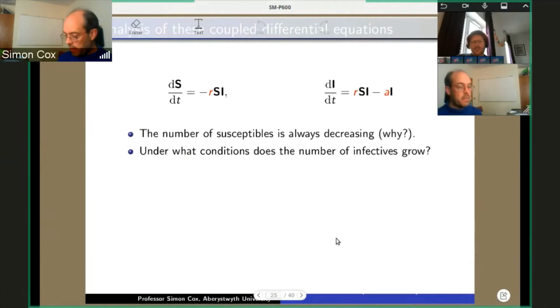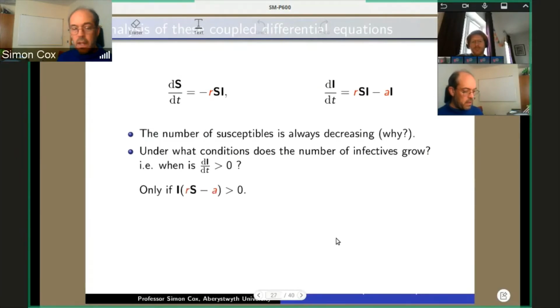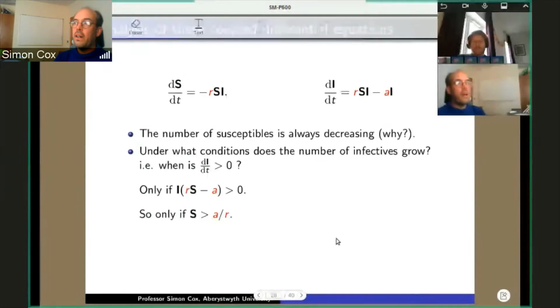That's the important thing. That is, we're asking when is the rate of change of I positive, and that's if I times RS minus A is positive. Well, I is necessarily positive, so this means that we need S greater than A over R.